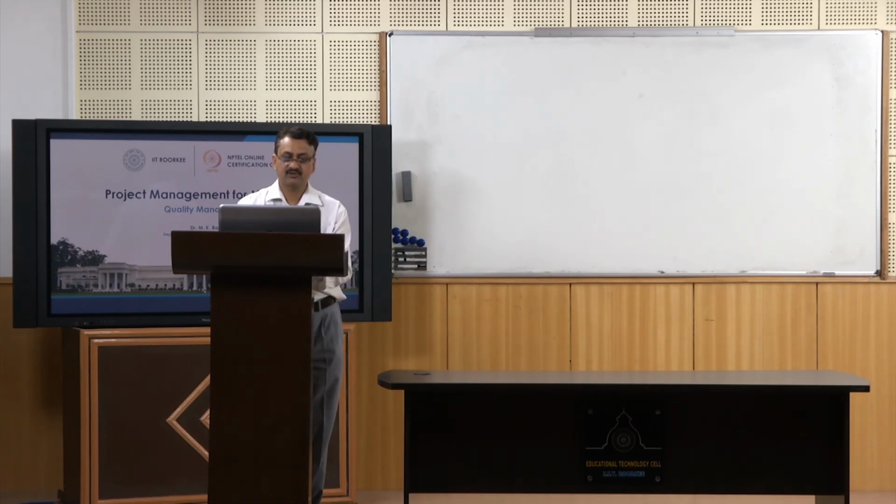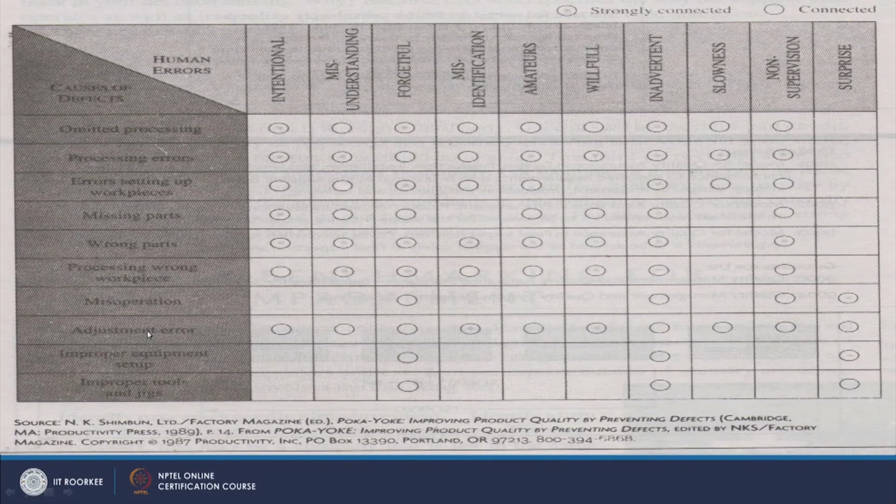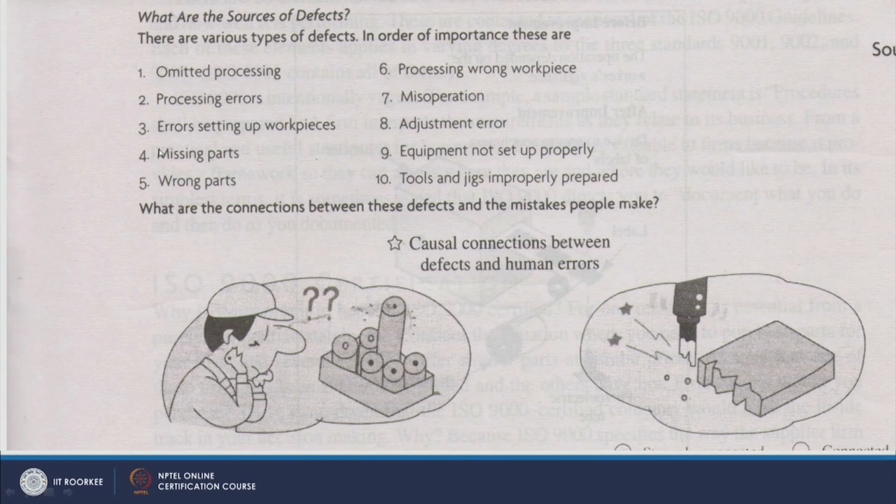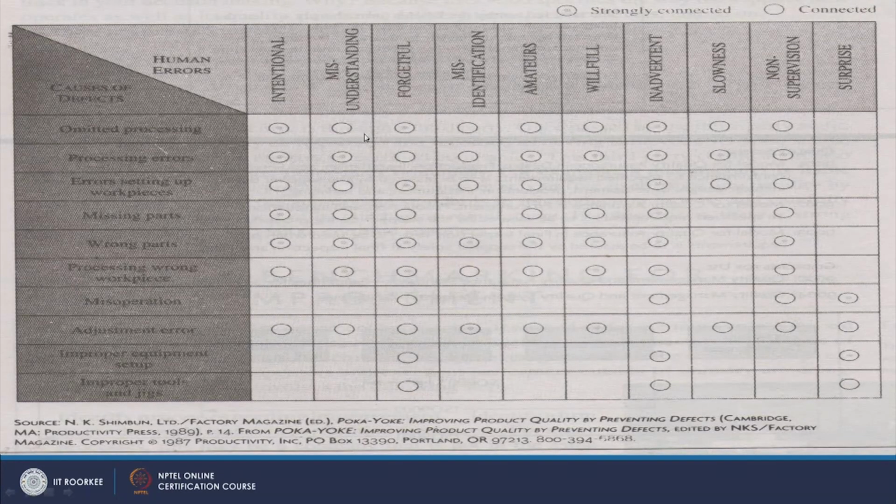And these are possible defects, let us say omitted processing, adjusting error, improper tools and jigs. In the previous slide itself we have listed all these defects, right. So a chart like this can be prepared, and we can say whether misunderstanding is the reason for the omitted processing defect, this was the cause, right.